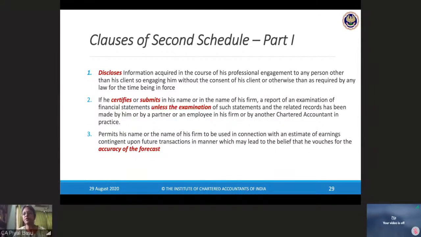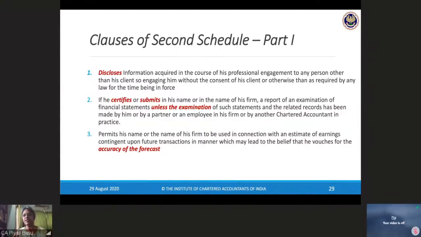Of course, a copy of such report or certificate will be shared with the client, but we can directly send it to the authority who has sent to the client that this certificate or report is required from a professional, from a practicing chartered accountant. Many times it happens that you give a certificate, and that certificate should directly go to the authority who has asked for such certificate or report.